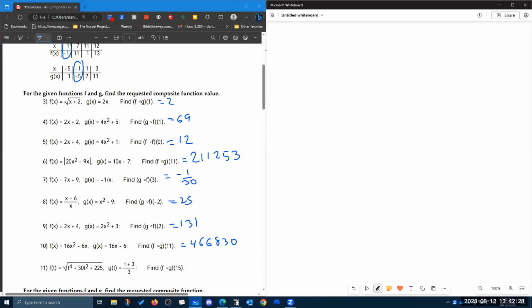Last one for this video. f of t is equal to the square root of t to the fourth plus 30t squared plus 225. g of t is equal to t plus 3 over 3.